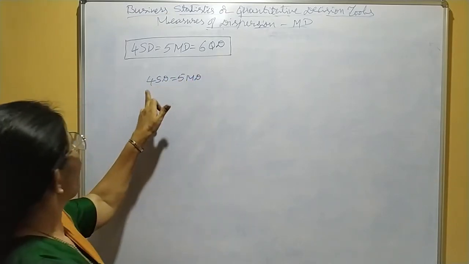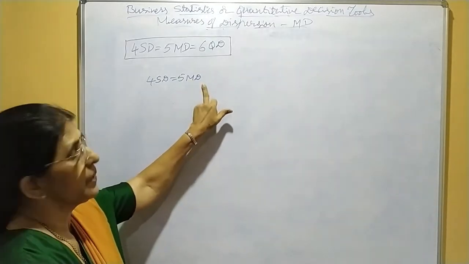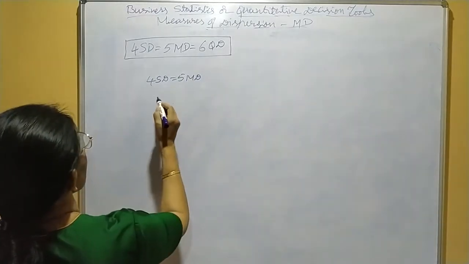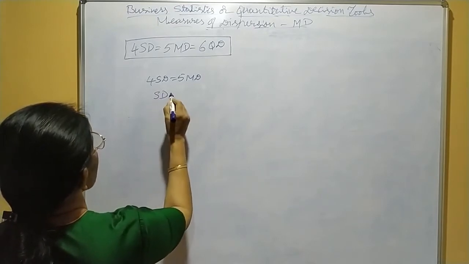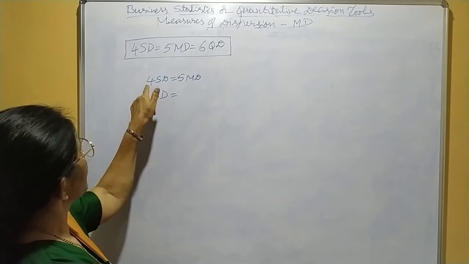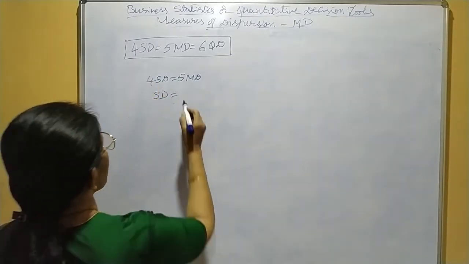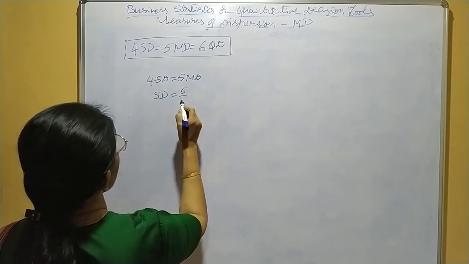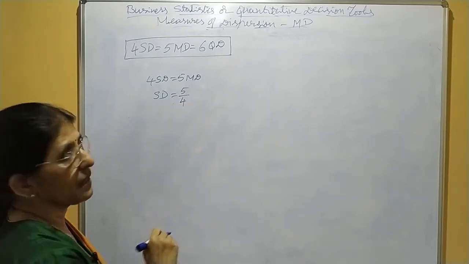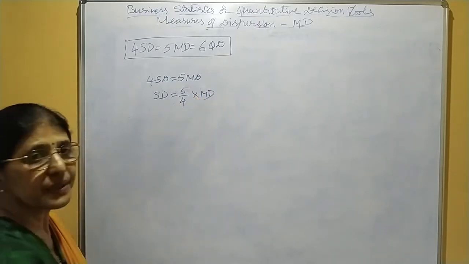That means 4 × SD = 5 × MD. Now to calculate standard deviation, we have to retain standard deviation on the left side. Here we have to shift this 4 to right side. Here it is multiplication. When you shift to right side, multiplication will become division. That is 5/4 × MD, isn't it?